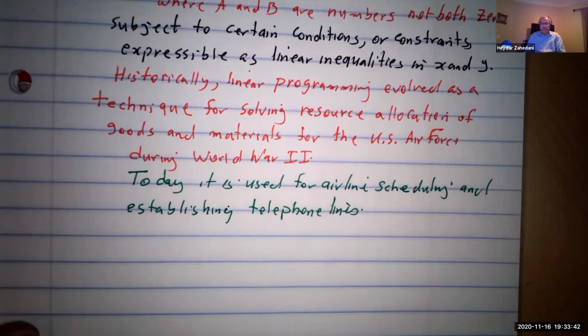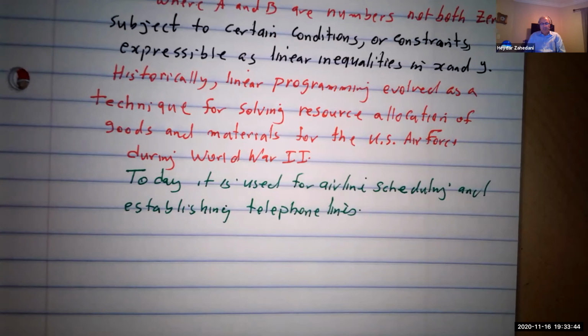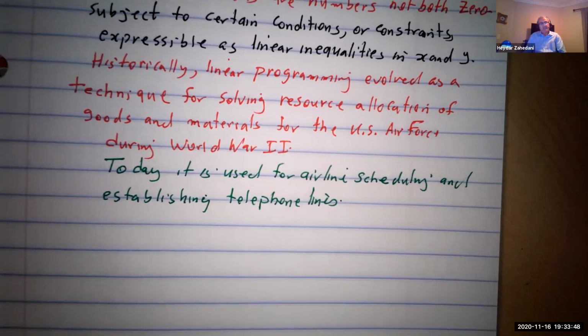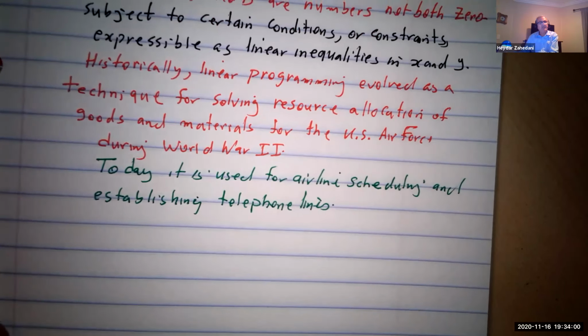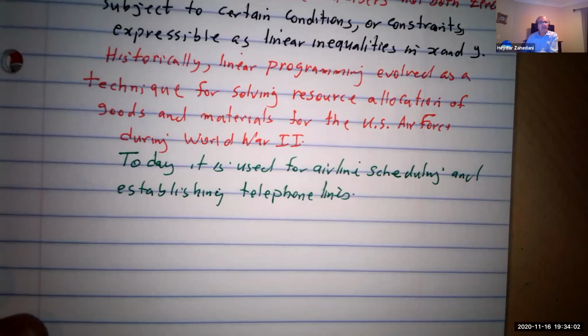So to do the job, we write the expressions, as I told you. I'm not going to write down the full procedure, just a brief one. We get this information, we graph it, we find the corner points, we evaluate the z.